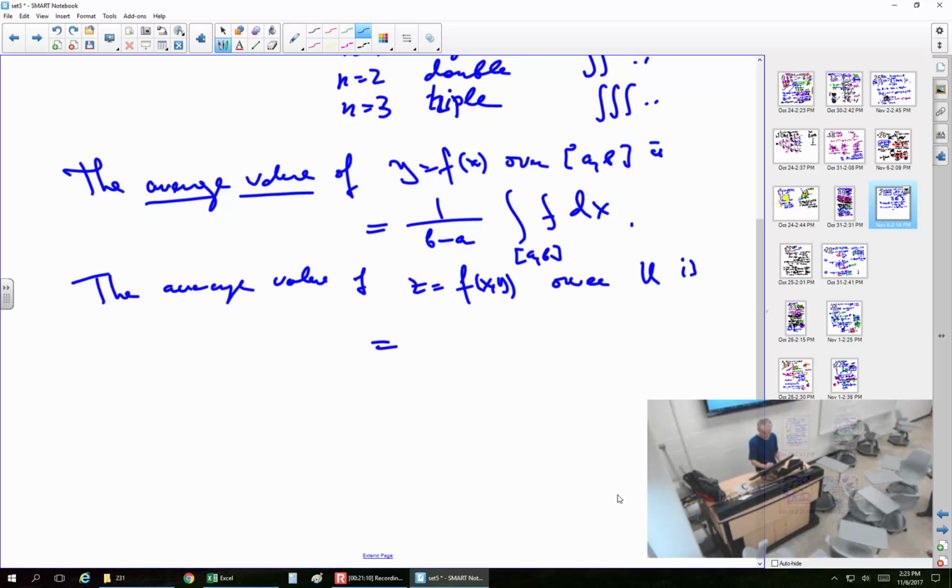So then, similarly, you can have a double integral, and so what's the answer? How do you average?